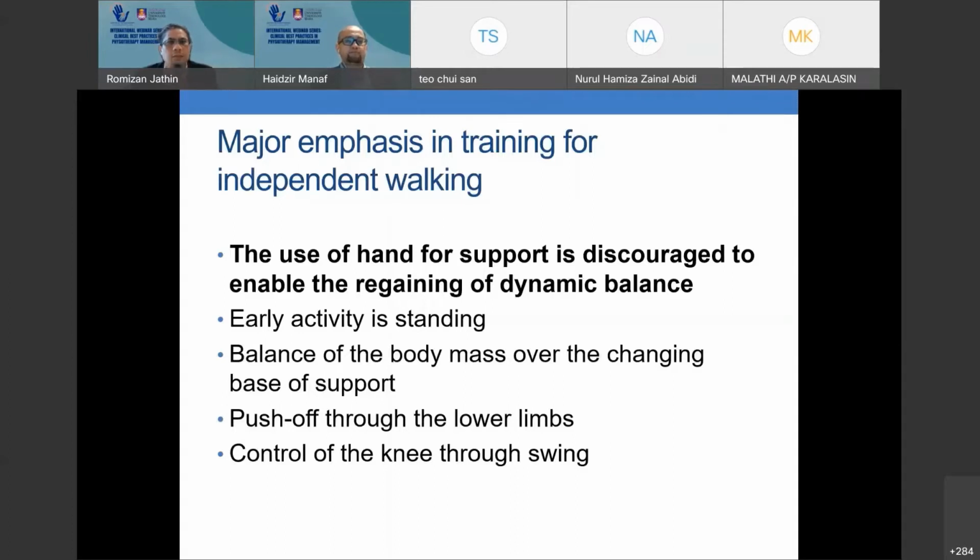Maybe if you look at other books they will say 6 or 7, but I prefer all the clinicians to focus on these 5 major emphases in order to get post-stroke patients to be independent. Number 1 is that the use of hand for support is discouraged as soon as possible to enable the regaining of dynamic balance.